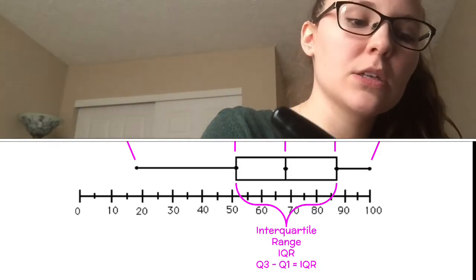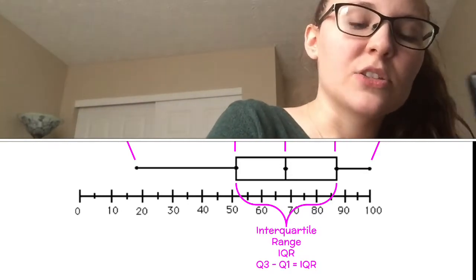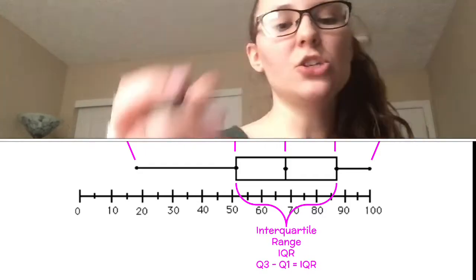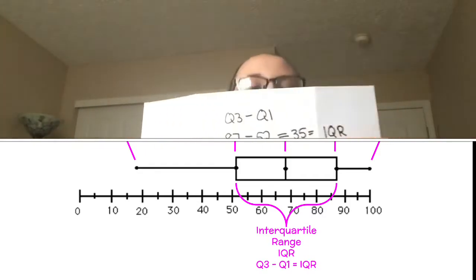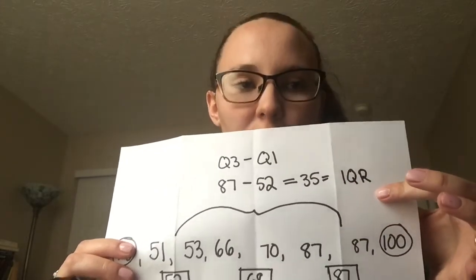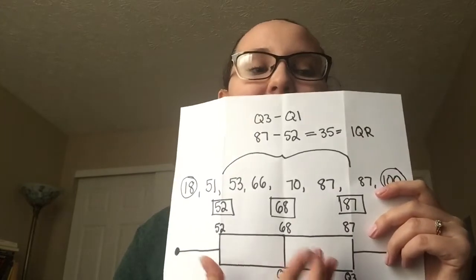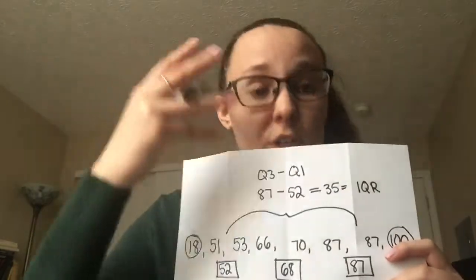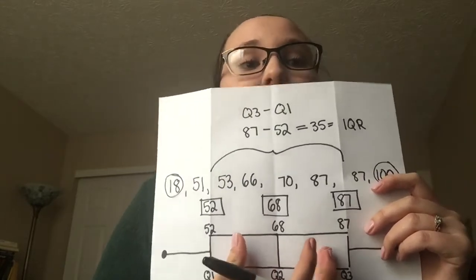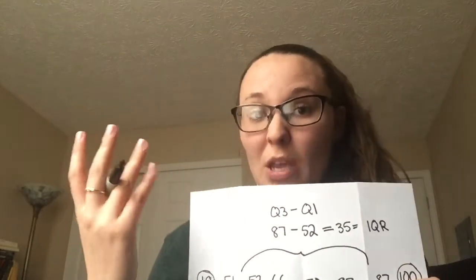That equals 35. So I would say 35 is my interquartile range, which is sometimes abbreviated as IQR. Inter meaning the inside, quartiles meaning there's 4 parts, right? So the inner sections, and then range meaning the distance between 2 points.